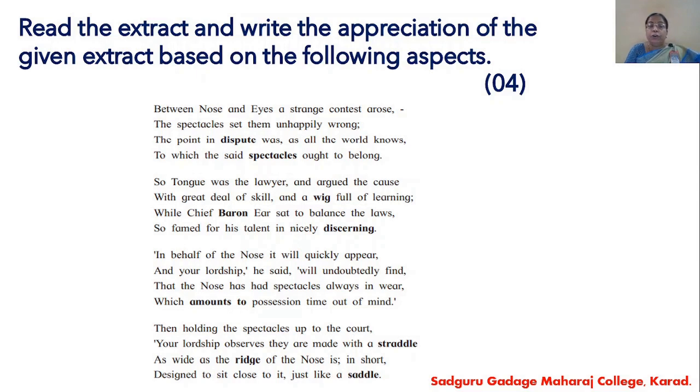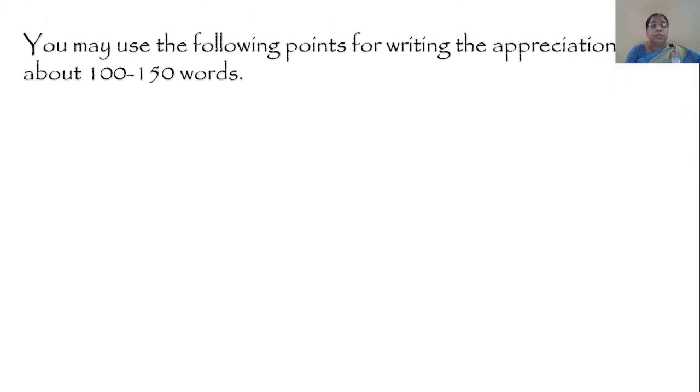Poem of 10 to 15 lines will be provided. Instructions will be like this. You may use the following points for writing the appreciation in about 100 to 150 words.